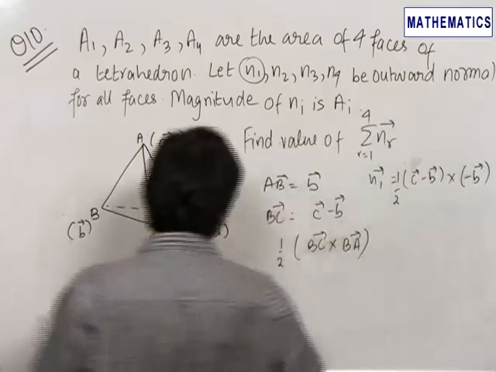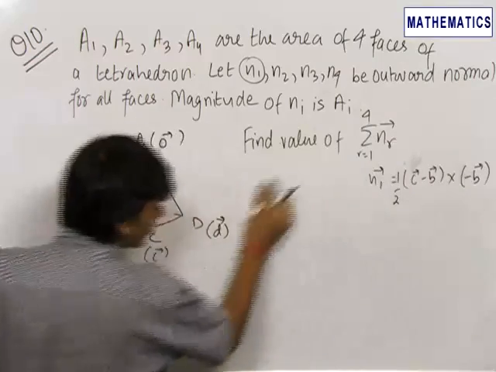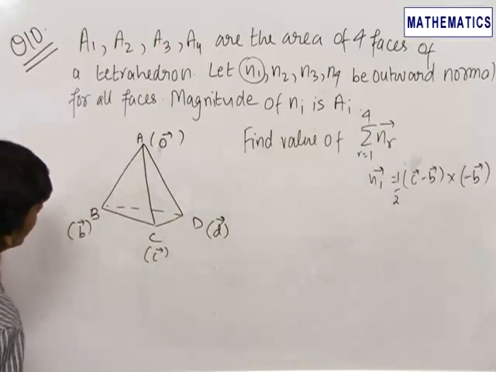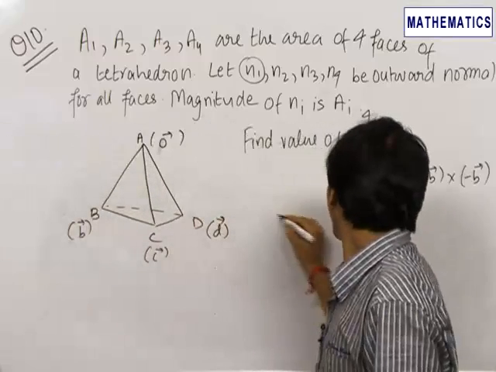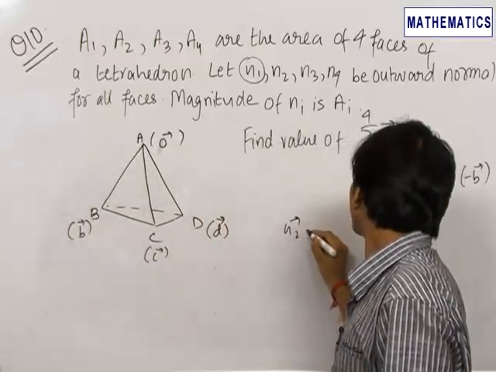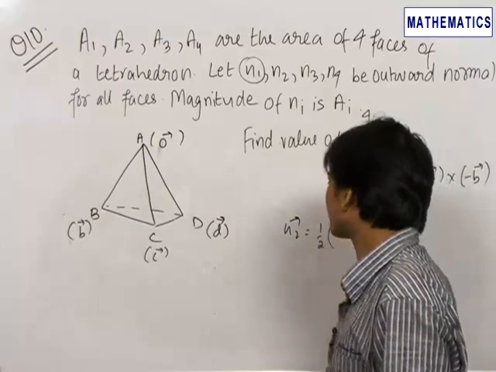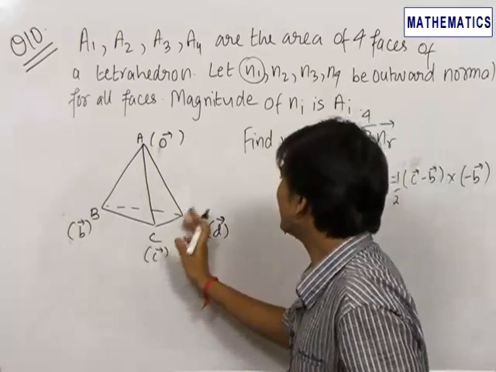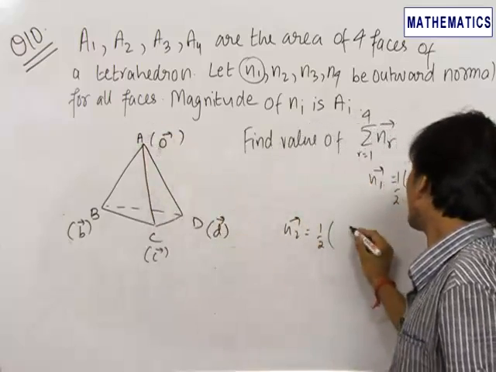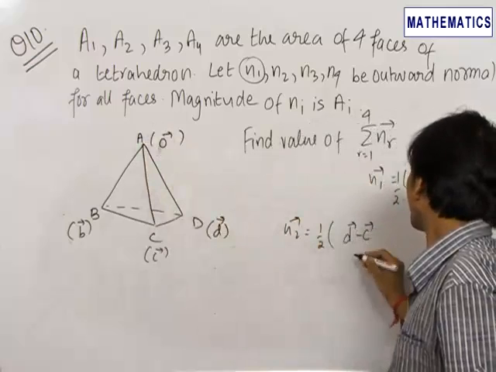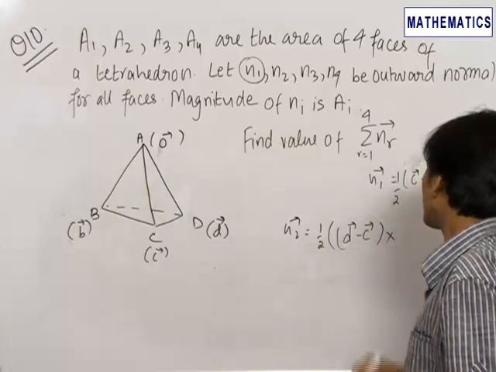Now let us write the other vectors N2, N3, N4. Now for this face we can write N2 vector is equal to half of CD vector cross CA vector. CD vector is D vector minus C vector, and the cross product of this we will take with CA.